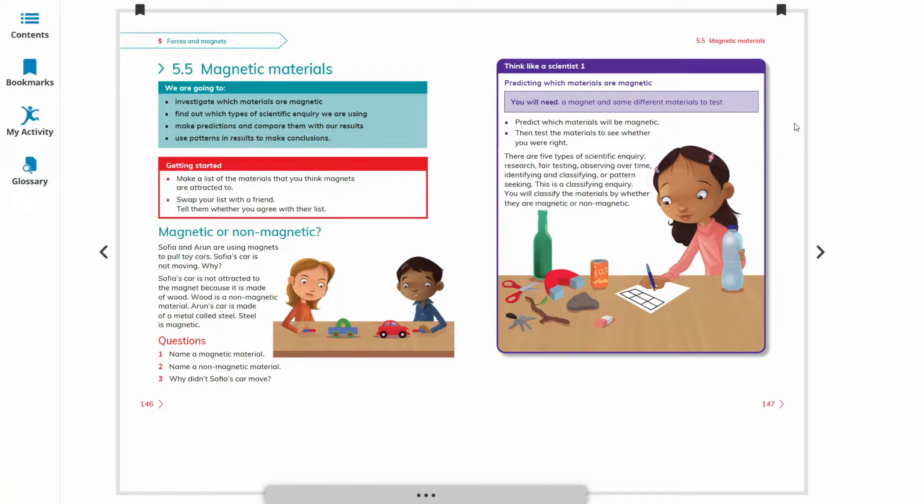You will need a magnet and some different materials to test. First, write in your exercise book the date, and then Think Like a Scientist 1, page 147.